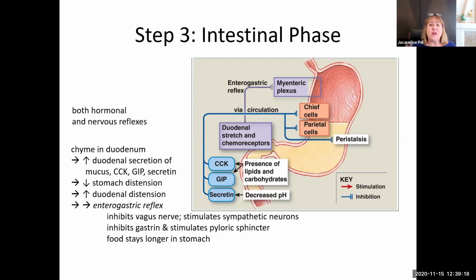And so the net effect of decreasing parasympathetic as well as losing gastric contents means that gastrin is going to be inhibited. And also the sympathetic stimulation means the pyloric sphincter is going to be stimulated to contract. And that pyloric sphincter contraction then means more food is staying in the stomach longer. Okay.